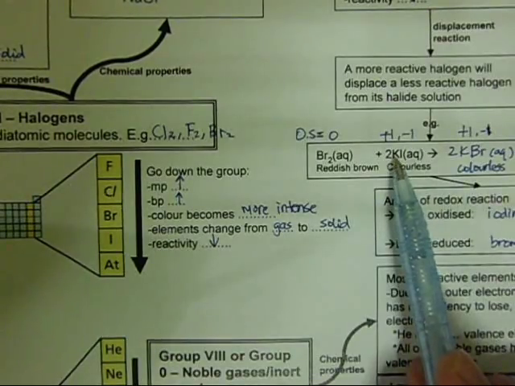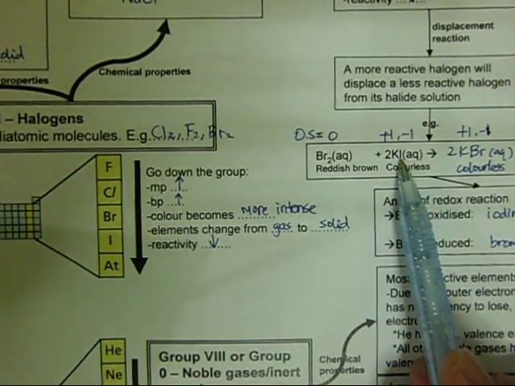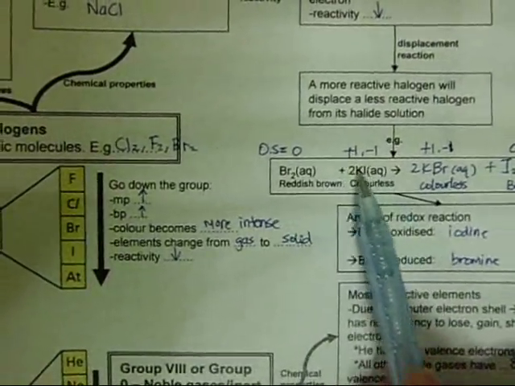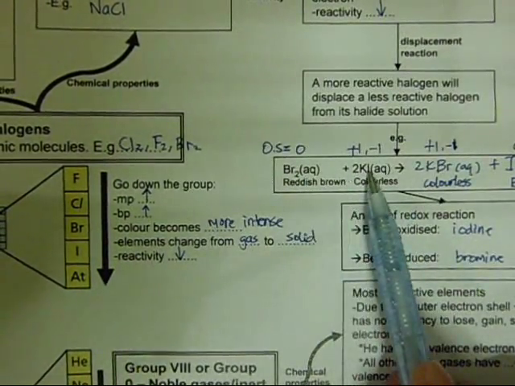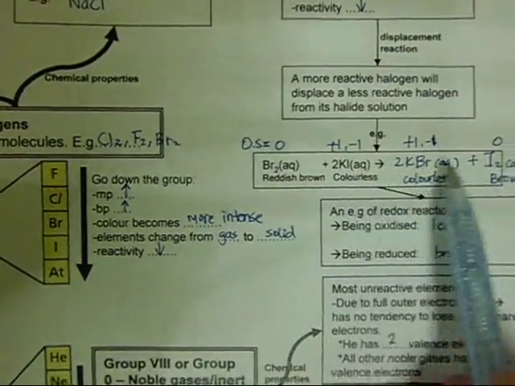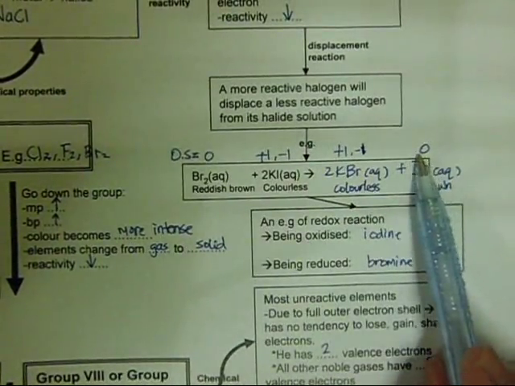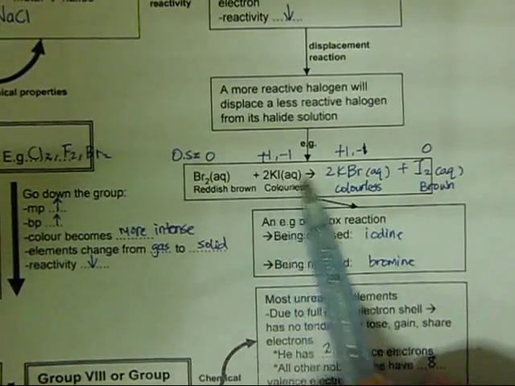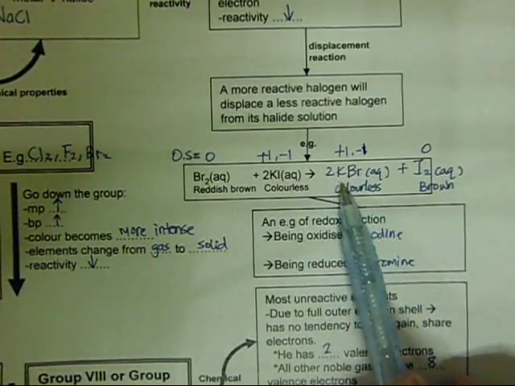K is potassium. Potassium is a metal, iodine is a non-metal. So it is actually an ionic solution. And this bromine will kick out the iodine, so iodine will be left alone. And then the bromine will combine with the potassium to form potassium bromide.